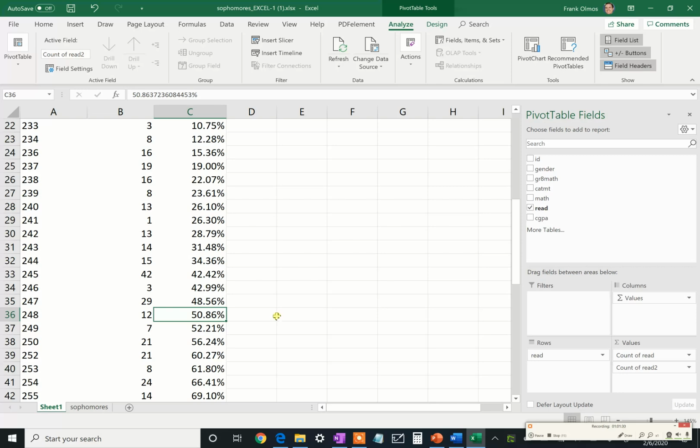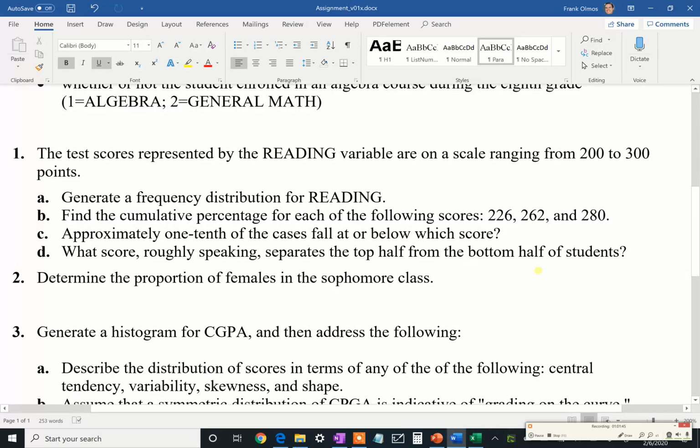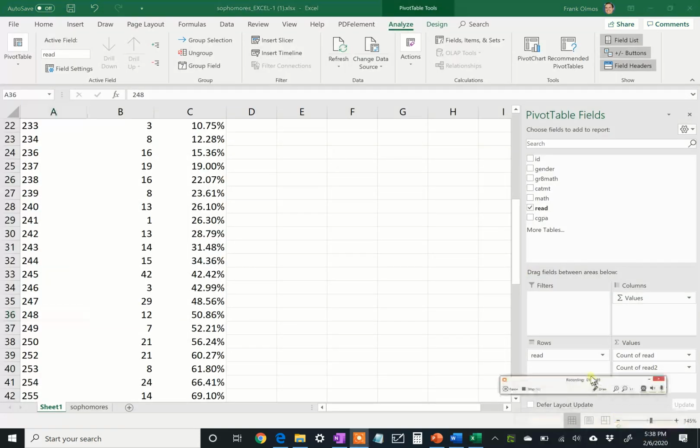Well, I was looking more at 248, but okay. It's not going to give you exactly 50%. I was thinking 248. So that would be that.